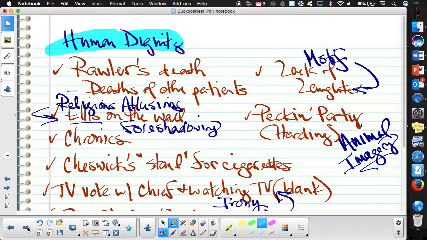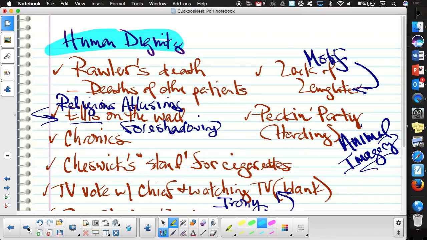I would only do that within the introduction: establish what I mean by the term, and then I can analyze the rhetorical devices Kesey uses to expose the lack of human dignity.